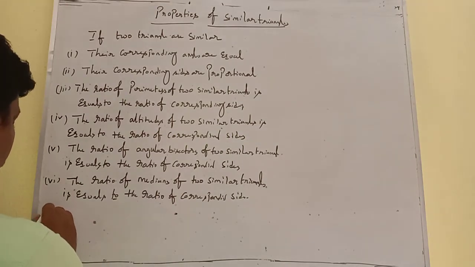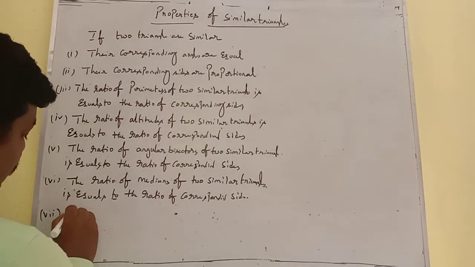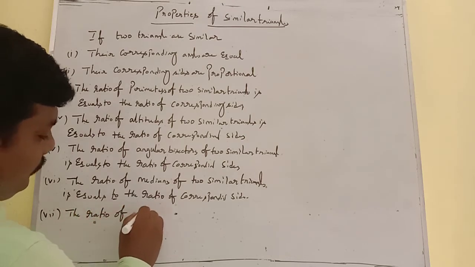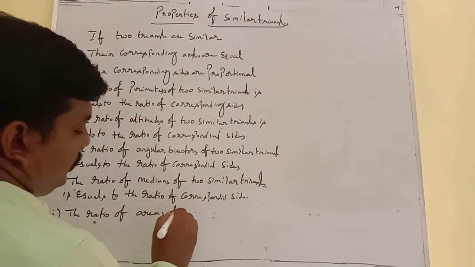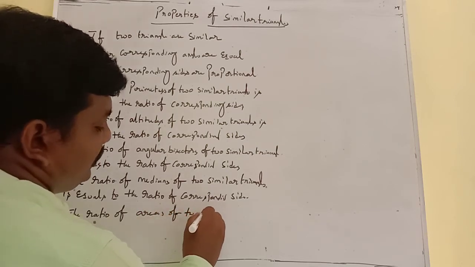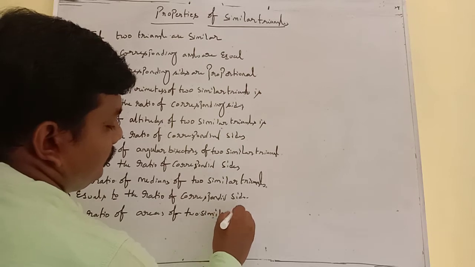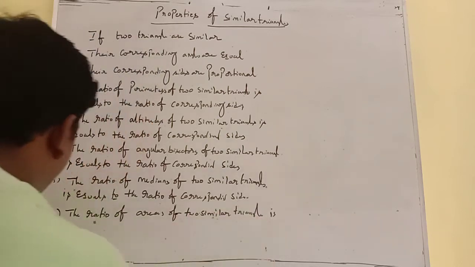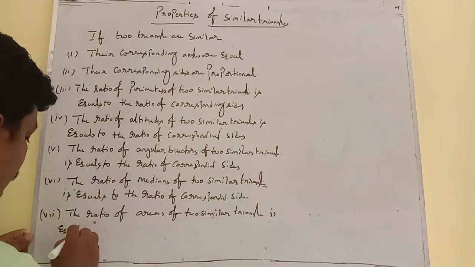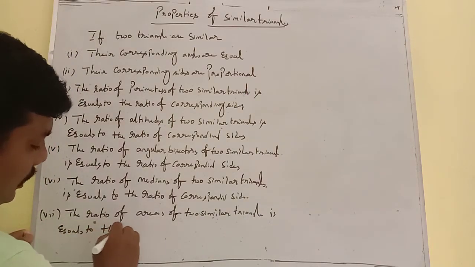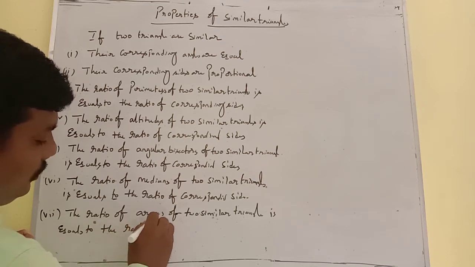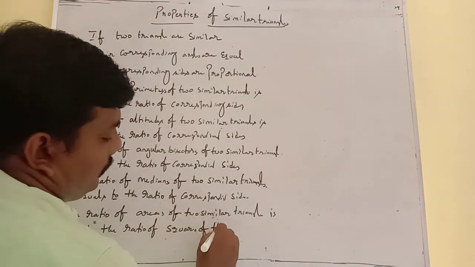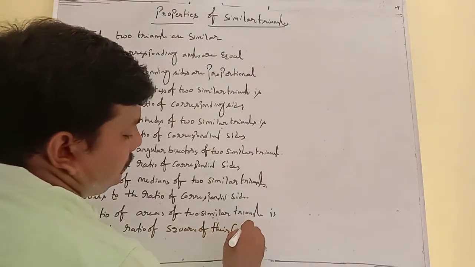Then the seventh point is the ratio of areas of two similar triangles is equal to the ratio of squares of their corresponding sides.